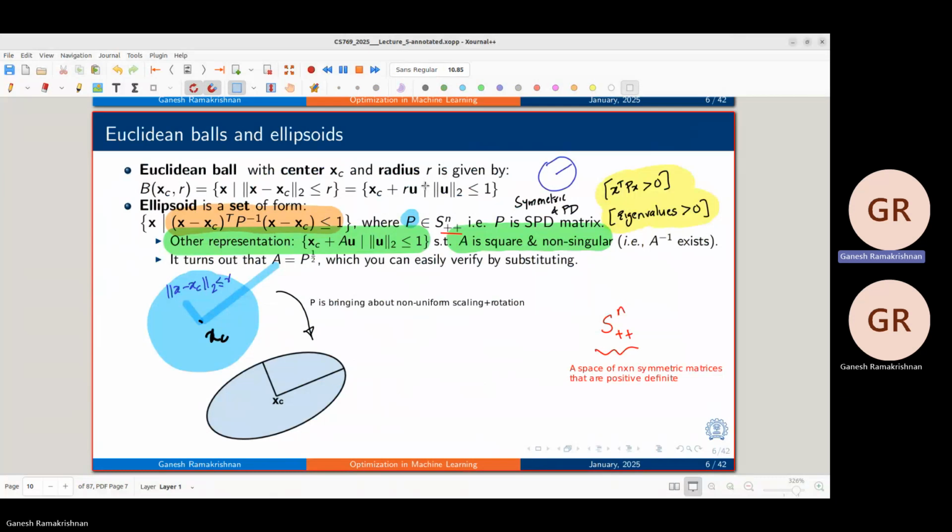With this, (x minus xc) transpose P inverse (x minus xc) would give you u transpose A transpose P inverse A u. So if A is P raised to half, then the two descriptions are equivalent.